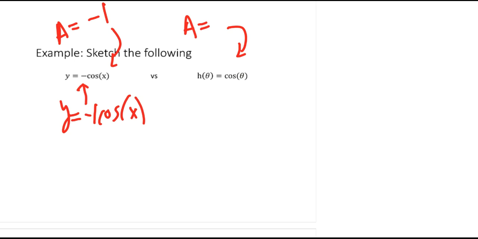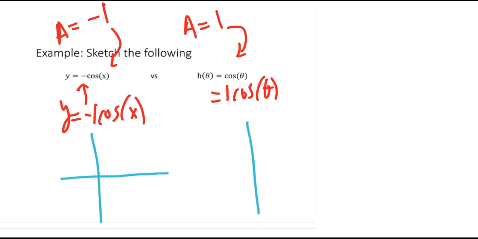Here for the h of theta, again, there is no number, but we actually do have a number. We just decide not to write it because it's so basic. So that means a is equal to 1, which is positive because there's no negative sign. So then let's think about how this is going to create our graphs. So let's go ahead and let's graph y.